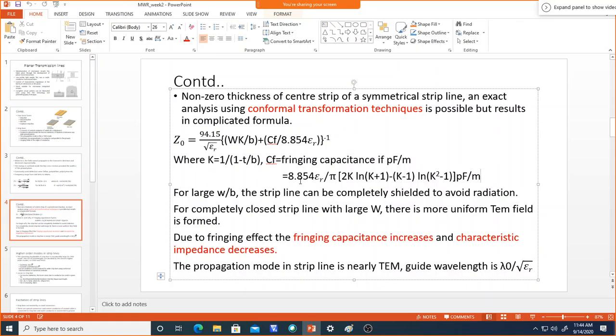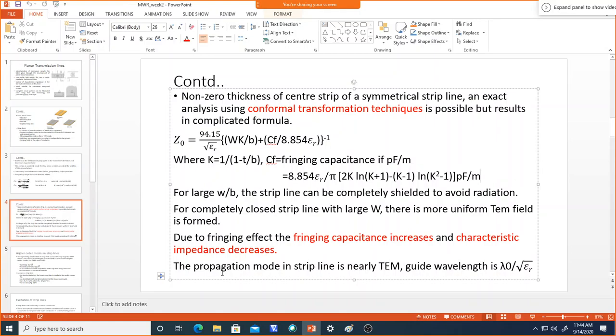So based on the substrate height, for a particular application we can keep the fringing capacitance within the specified limit, and the characteristic impedance decreases. By using this we can even control the characteristic impedance.